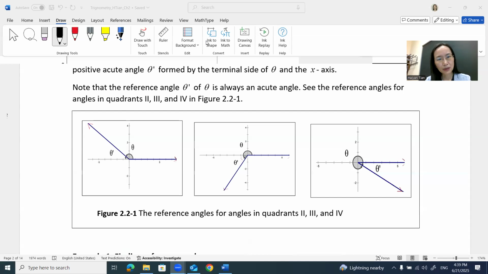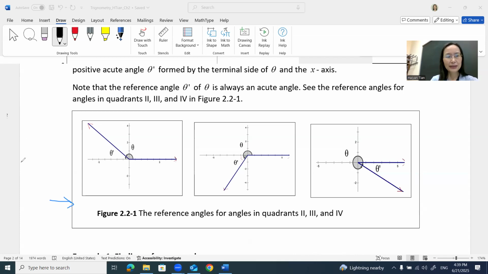So it's not a quadrantal angle. It is not an acute angle. That means the terminal side must be in the second, third, or fourth quadrant. So it will be one of the three cases.